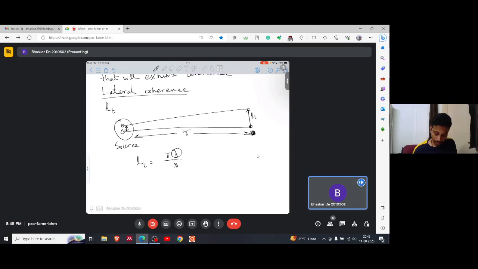So you can see that this spatial coherence is solely dependent on the lambda. So different wavelength has different spatial coherence property.